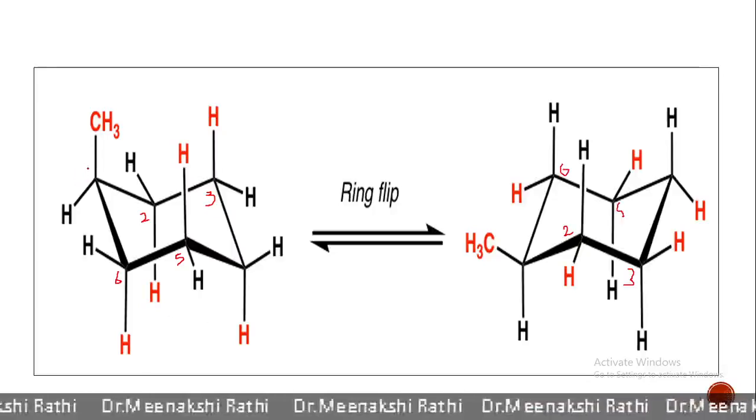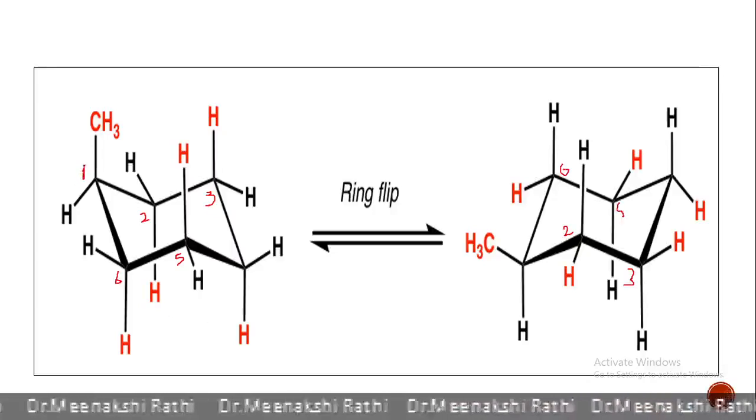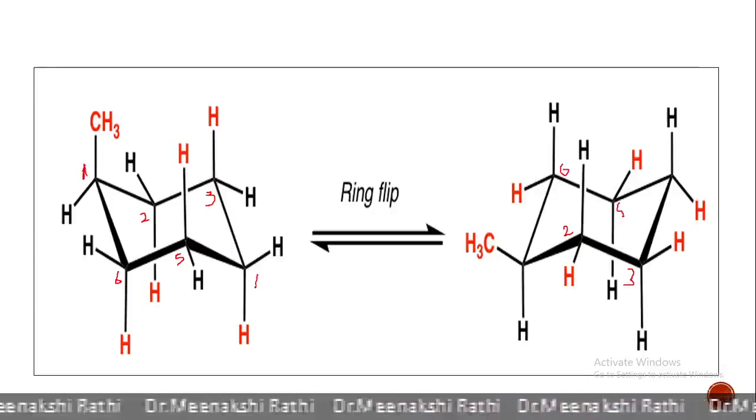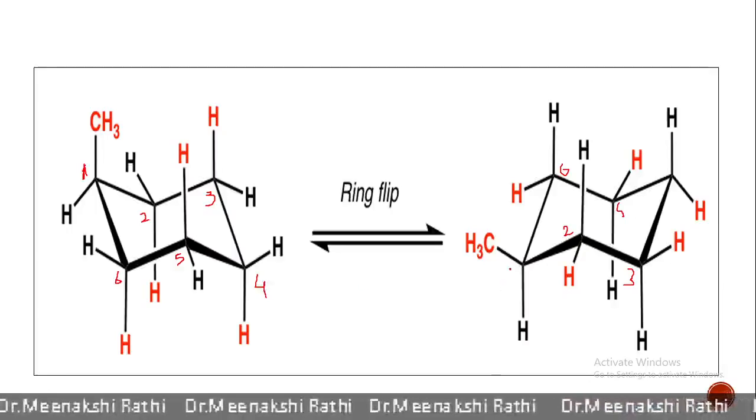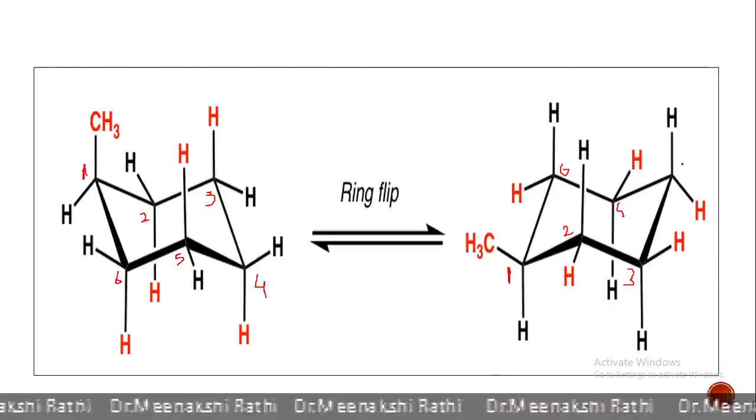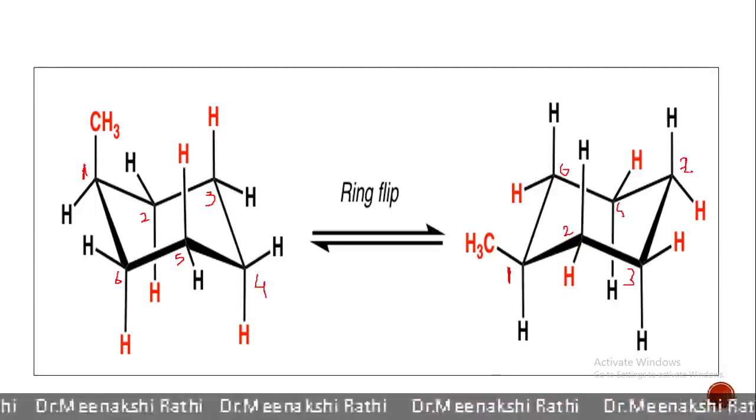Only here, the first carbon atom is above the plane and the fourth carbon atom is below the plane. While in this case, first is below the plane and fourth is above the plane.